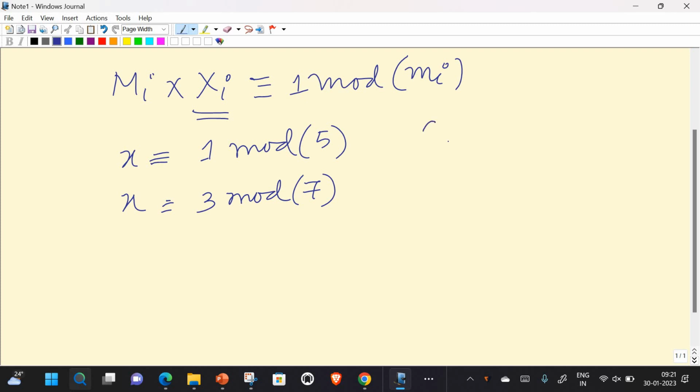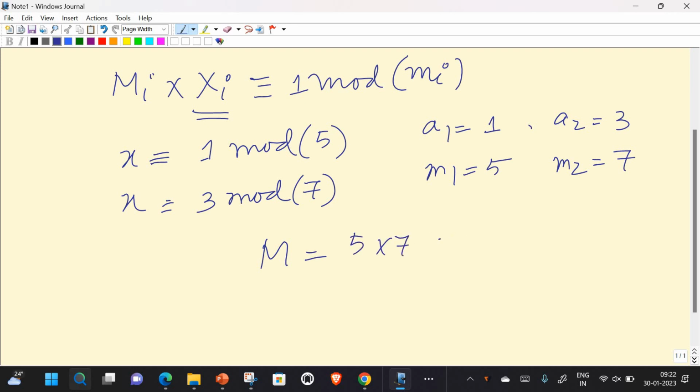Over here, A1 equals 1, A2 equals 3, and we have m1 equals 5 and m2 equals 7. Right. So please do the first step. Capital M is nothing but 5 multiplied by 7, which is 35.